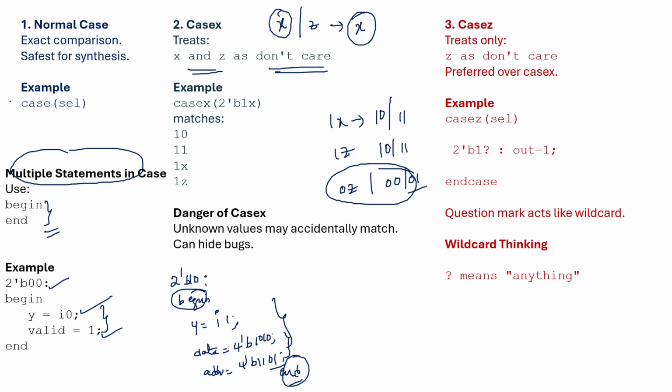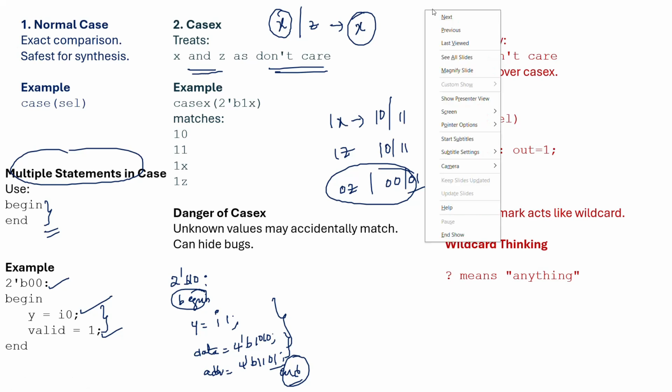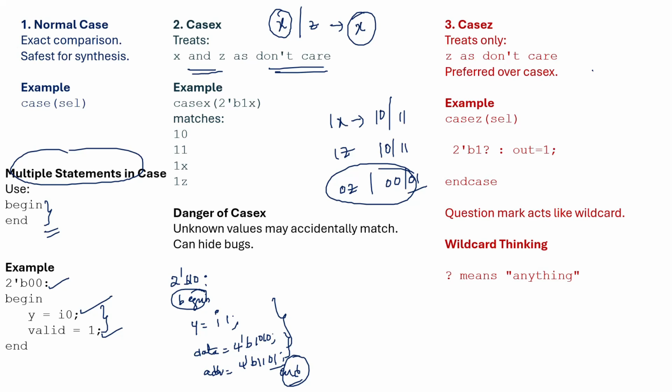Compared to casex and casez, casez is preferred. Why casez? Because wildcard behavior takes place. With wildcard, the question mark gives you either a 0 value or a 1 value that you can consider, similarly to a don't care value, but this does not compare against the x value.